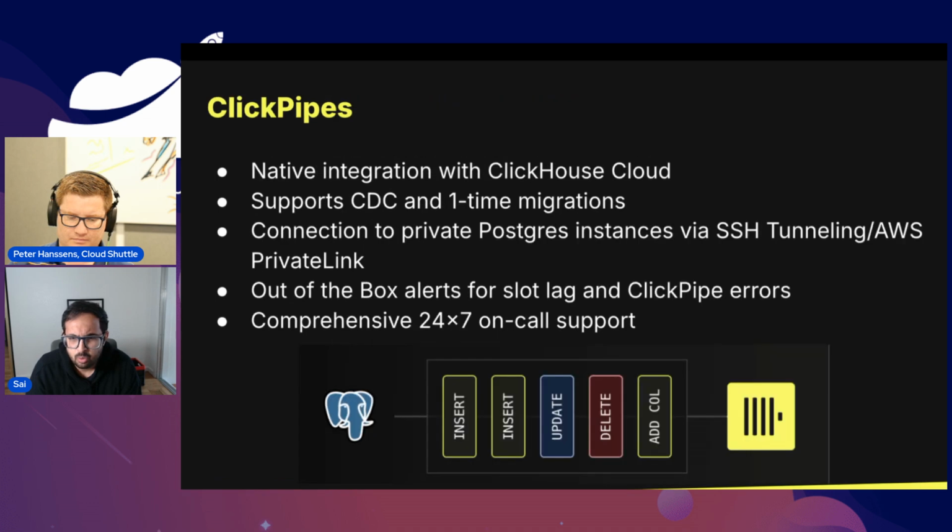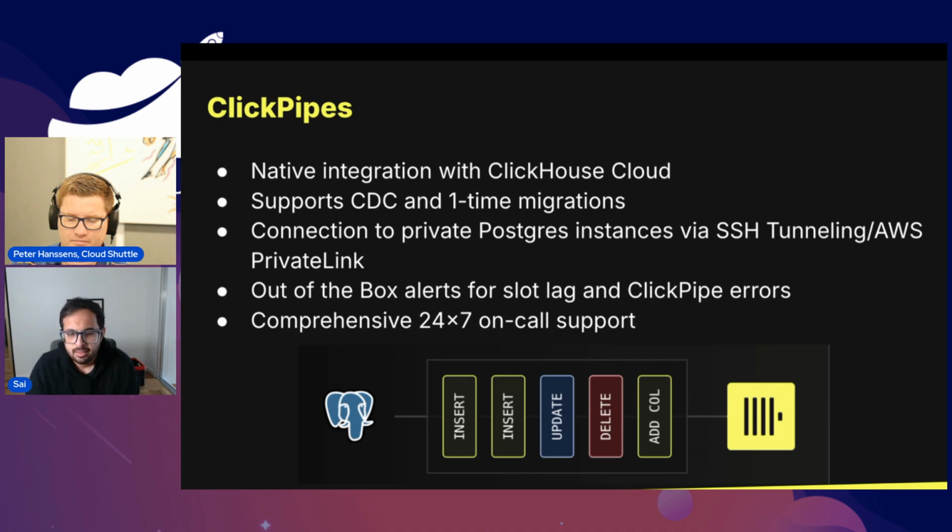ClickPipes supports both CDC and one-time replication. This means that you can either continuously replicate data, enabling Postgres and ClickHouse to coexist, and use Postgres for OLTP and ClickHouse for analytics. Or we have seen customers use it as a one-time migration tool as well.